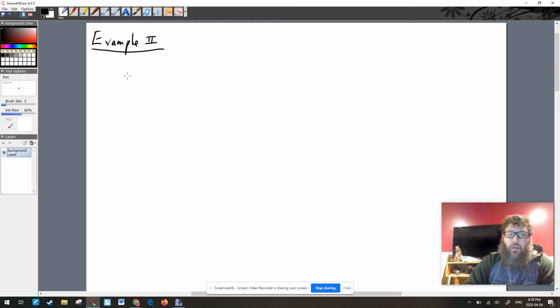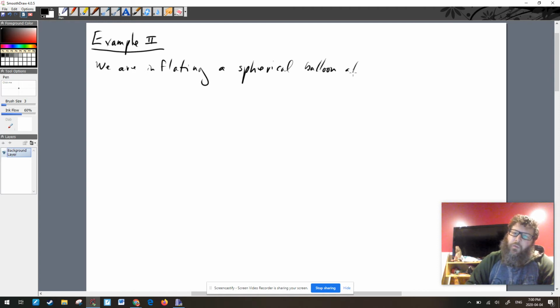So imagine that what we're going to do here is we are inflating a spherical balloon at a rate of, how about 30 cubic centimeters per, actually let's do it per second.